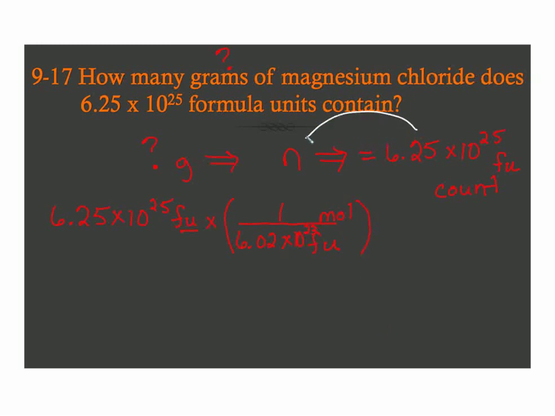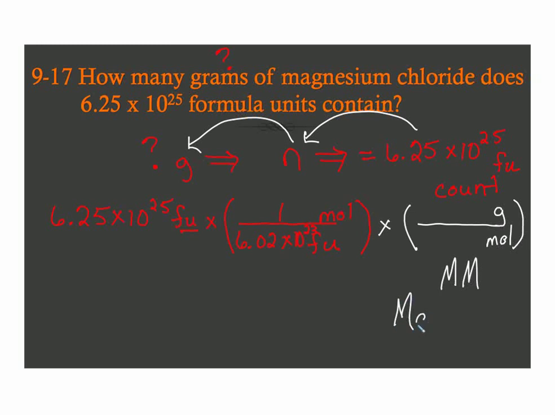Now that's one step. I've gone from formula units to moles. I have to take the next part of my journey. Now I have to eliminate moles, move away from moles, and go to mass. Mass to moles use molar mass. Now, sometimes we give that to you on the test because at some point it just takes a lot of time to calculate every molar mass, and once we've seen it, you can do it a couple of times. That's plenty for us.